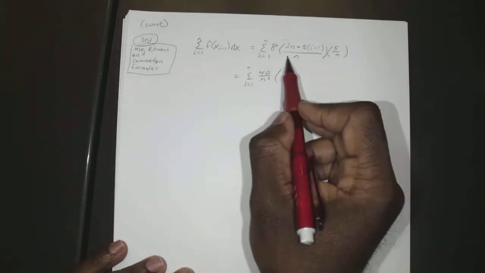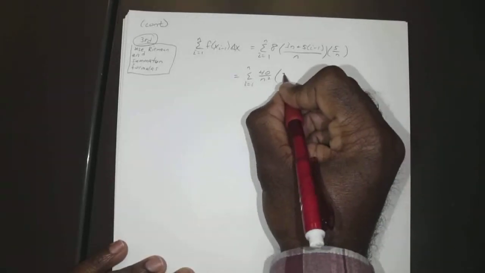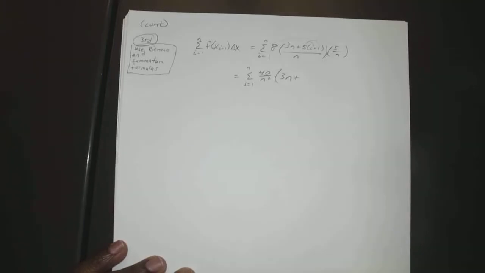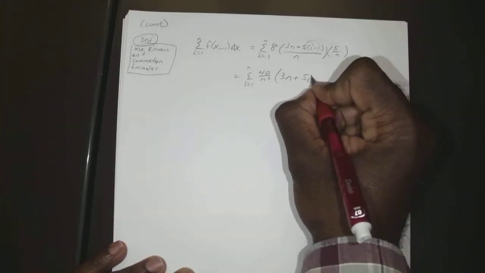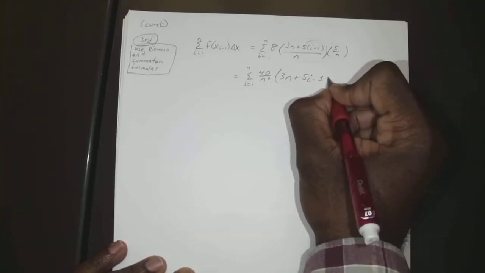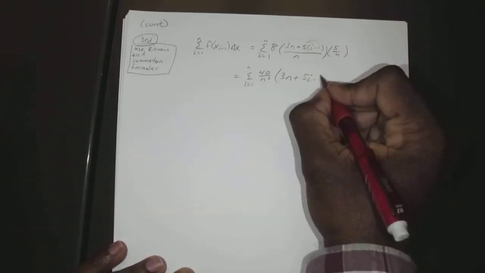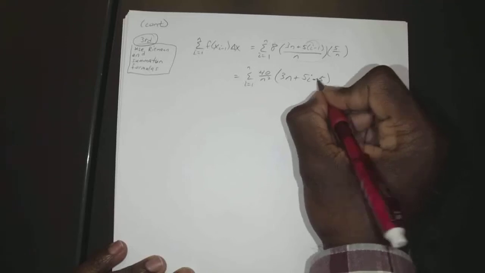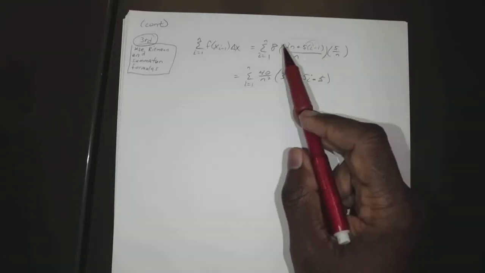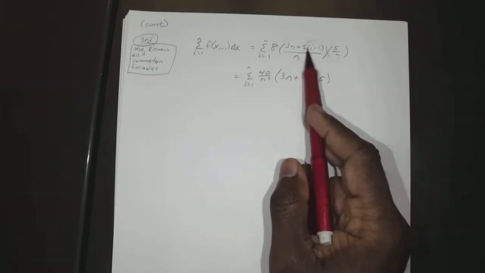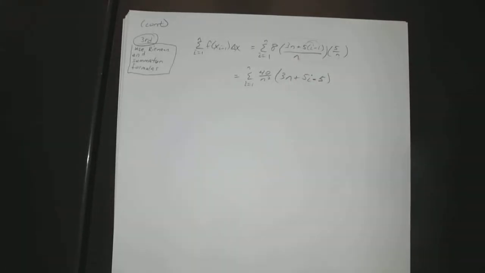So what we did, we got those n's, brought them out, which just left 3n, and we can go ahead and distribute the 5 plus 5i minus 5. Okay, so just combining those two and combining those two n's. Now we just sort of separated everything up top.